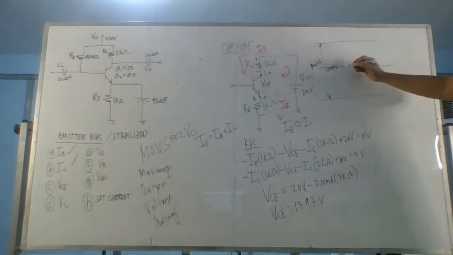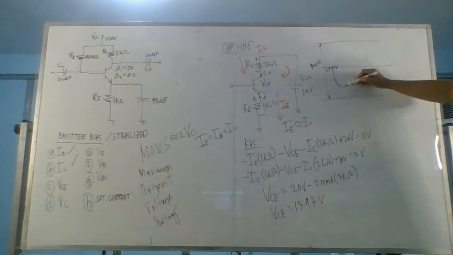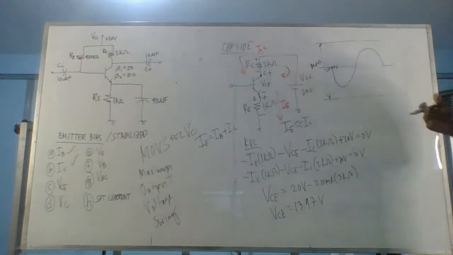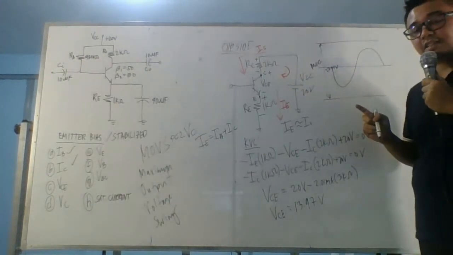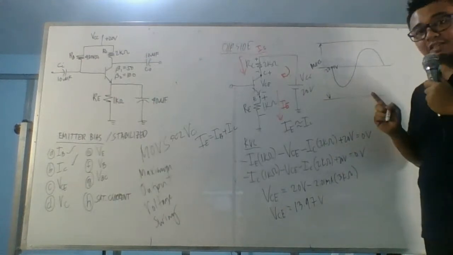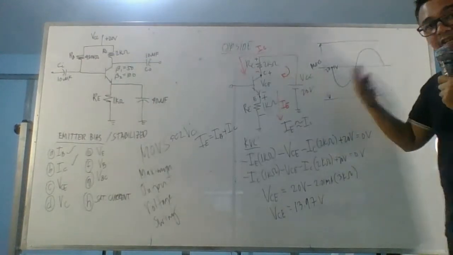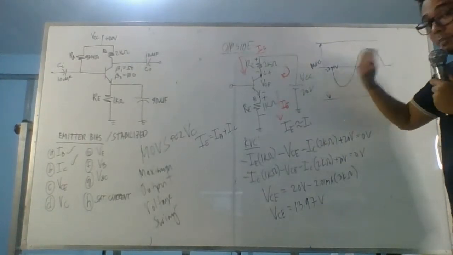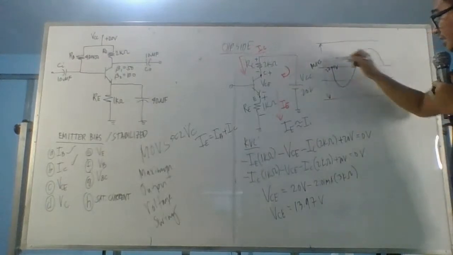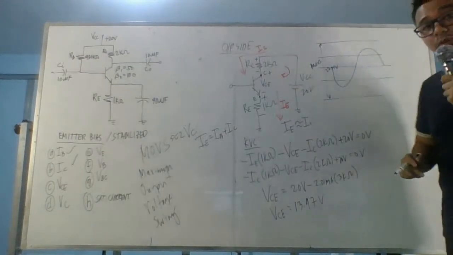Okay. What if your output is this? Ganyan. Okay ba yung output natin? Yes. Una, out of phase siya by 180 degrees. Pangalawa is amplified siya. So, within the range pa naman siya ng MOS. Pero what if yung output natin is, ang MOS natin maliit na? Ito yung in-explain ko last time, no? Mapuputol na.